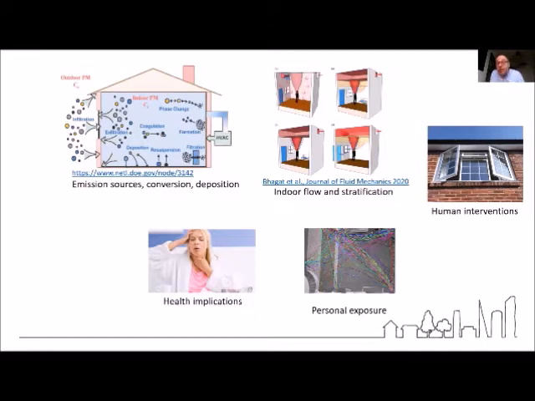If you look at indoor flows, you can have vastly different ventilation strategies and flow patterns inside your room depending on how it's connected and what else is happening. So you've got HVAC systems, air conditioning, vents, and so on, and they modify your space. And then, of course, you've got human intervention. Humans like to be in control of things and to regulate their space.